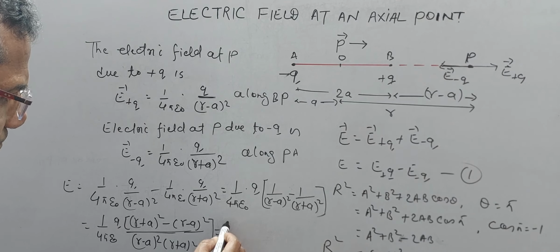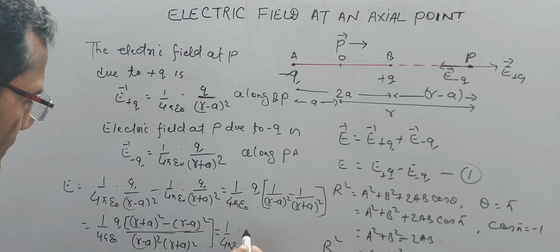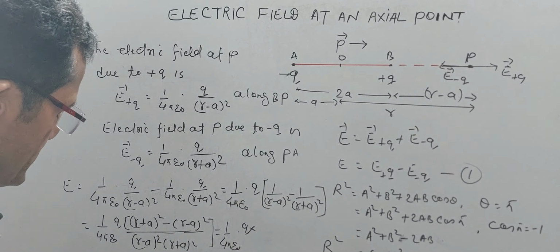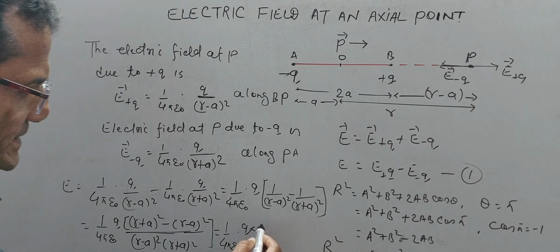This result becomes, after calculating from the inside, r square plus a square will be cancelled out by minus r square and minus a square, and 2ra and 2ra will be added.